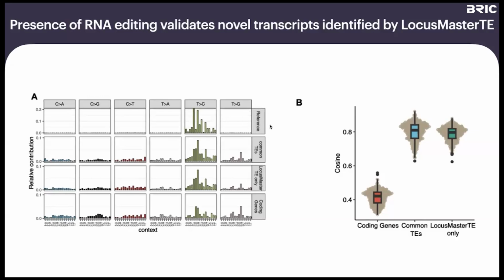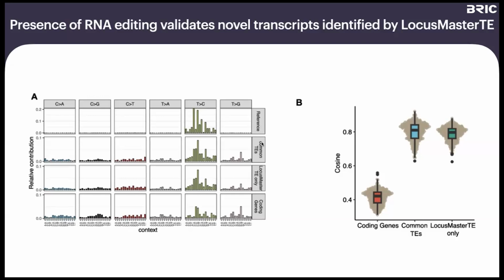Then we compared three different groups, starting with coding genes as a negative control, and then we grouped the TEs into two. The common TEs are those captured by both LocusMasterTE and Telescope, and then there is a group that is only captured by LocusMasterTE.